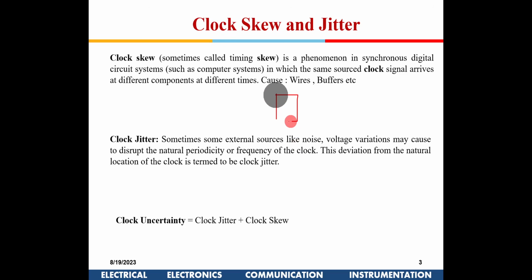There could be one flip-flop here, and a second flip-flop here. This could be a clock buffer, so the clock comes here like this, and the same clock is coming here, whereas because of this lengthier wire, the resistance and the capacitance associated with it will cause a delay in the clock coming here.